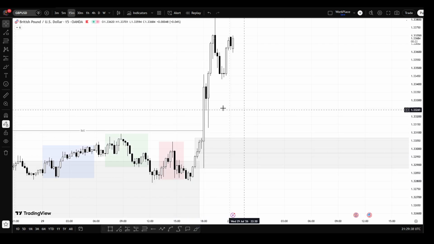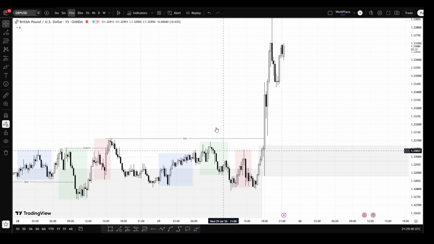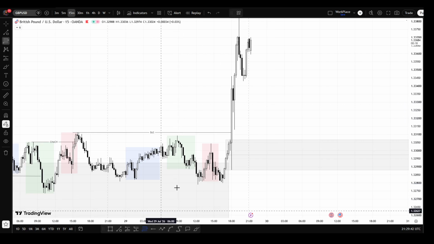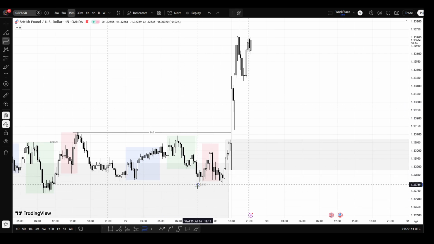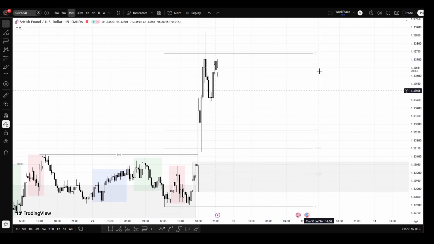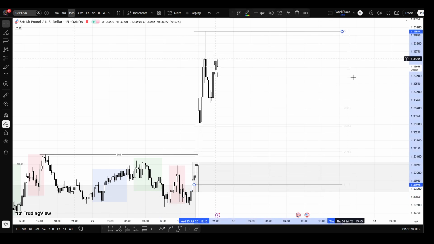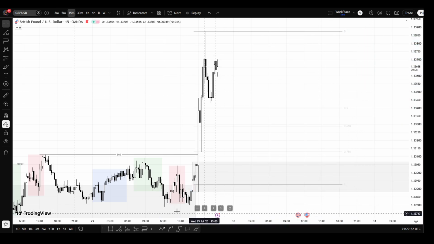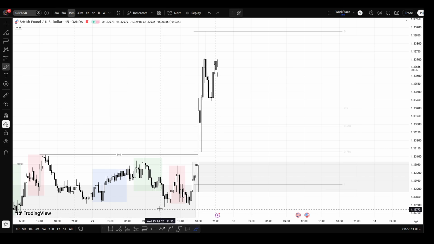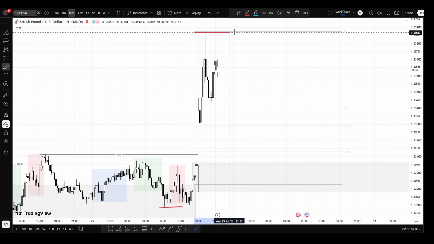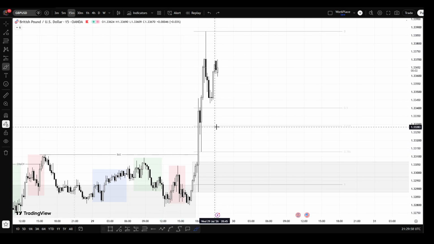So on the 15 minutes time frame, let's measure our premium and discount range. You can see that from this low to this high, our 50% lies here.